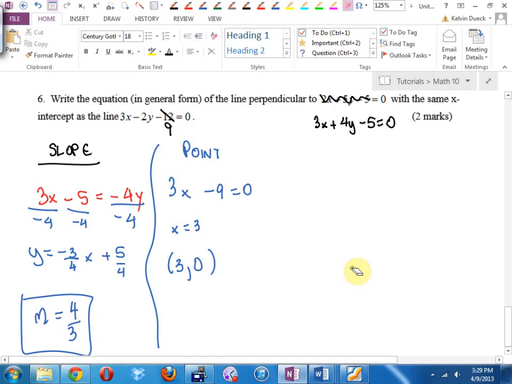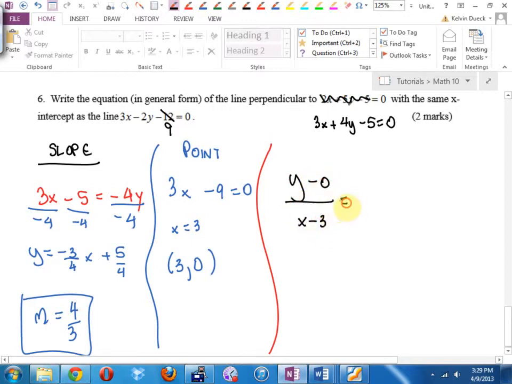I asked myself 2 questions. Do I know the slope? Yeah. Check. Do I have a point? Check. Let your second point be x comma y. Plug it into the slope formula and cross multiply. I'm going to get y minus 0 over x minus 3 equals 4 over 3. I wouldn't write y minus 0. It's just plain old y.